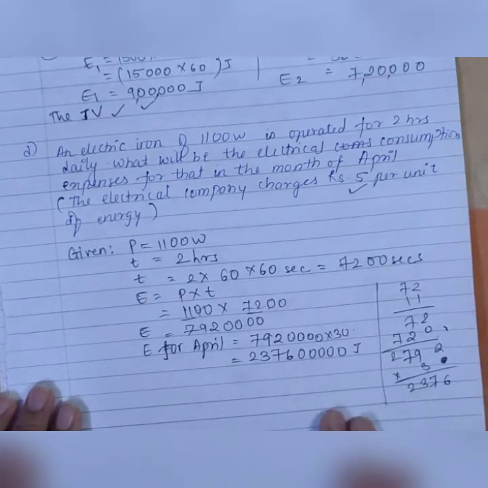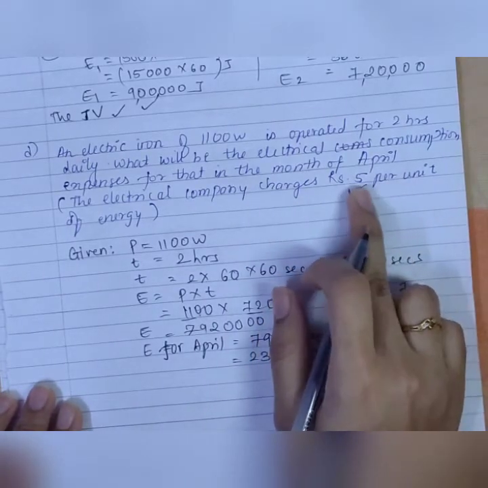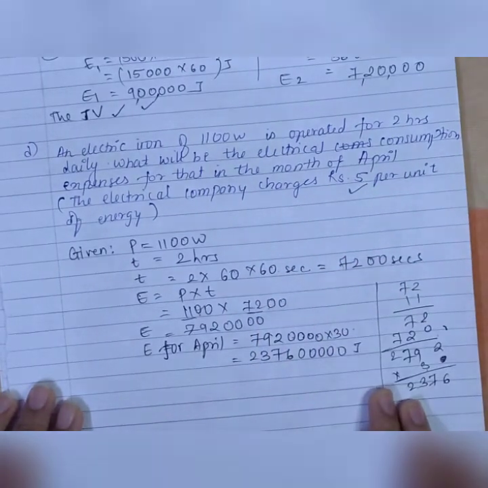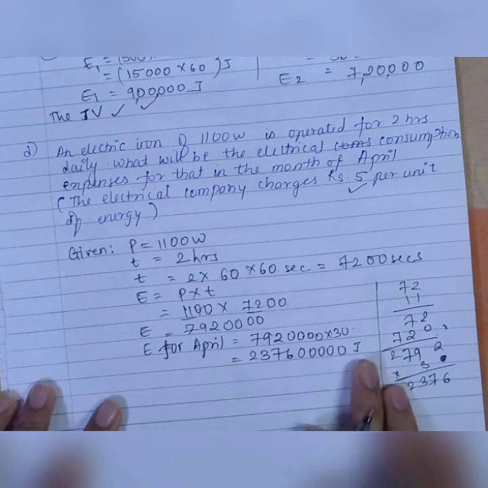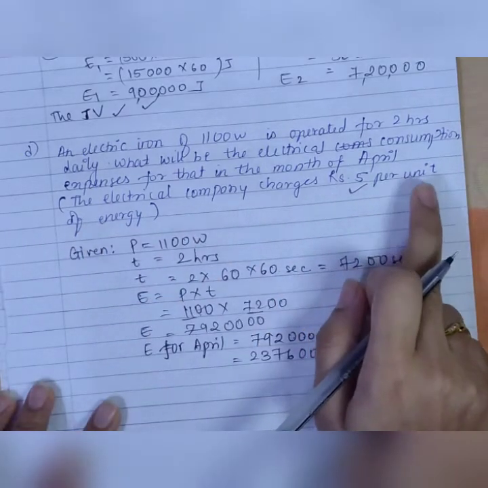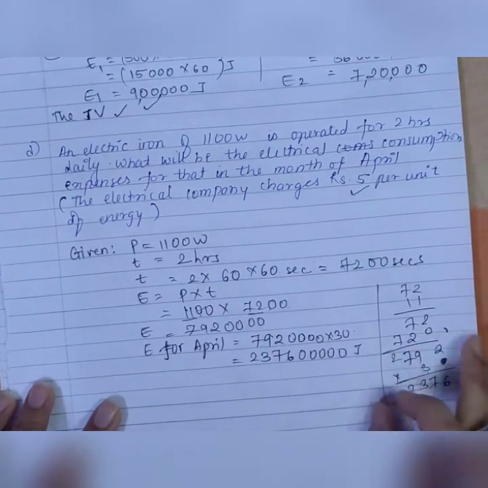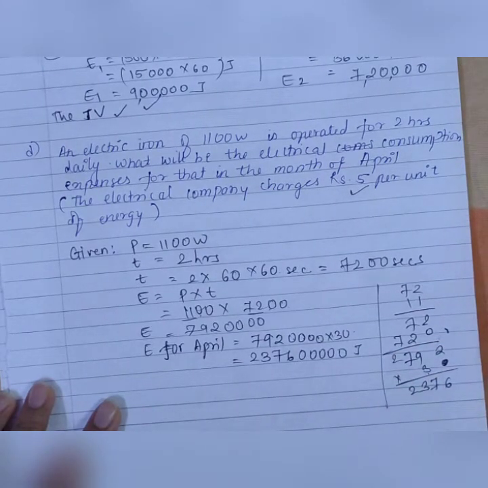Now what have they given you? The electrical company charges rupees 5 per unit. Now you know that this part, whatever we had calculated, is in joules, and we do not require that. What we require is per unit. Why? Because the company charges for this many units.